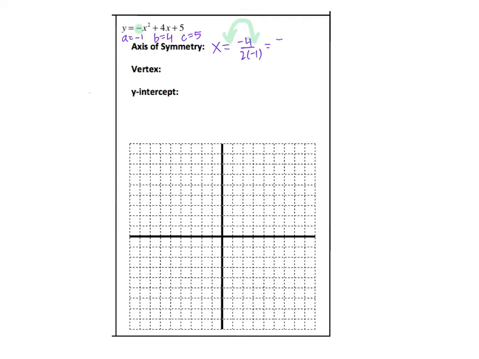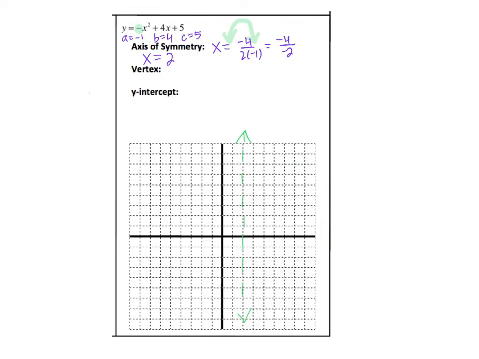And so that means I have -4 over -2. So I'm going to rewrite my equation as x is equal to a positive 2. Let's just go ahead and put that on the graph. And so positive 2, put my dashed line. I have my axis of symmetry.